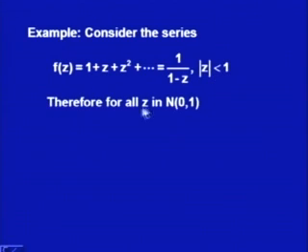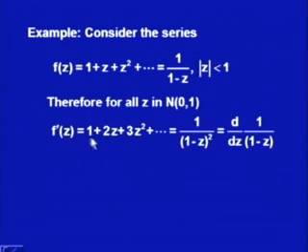Therefore, for all z in this neighborhood centered at z equal to 0 and radius 1, we can find f dash z is equal to 1 plus 2z plus 3z square and so on, and we know that this series is nothing but 1 upon (1 minus z) whole square, which is d by dz of 1 upon 1 minus z.